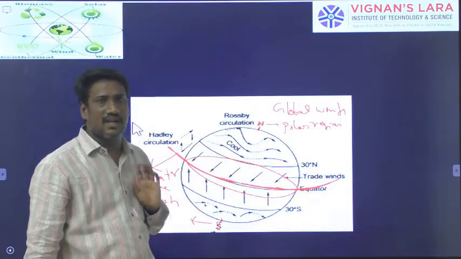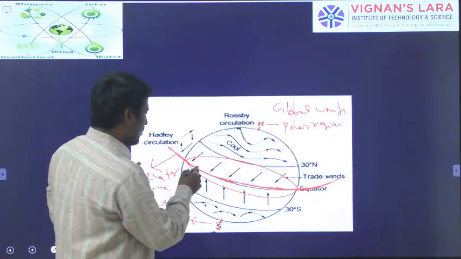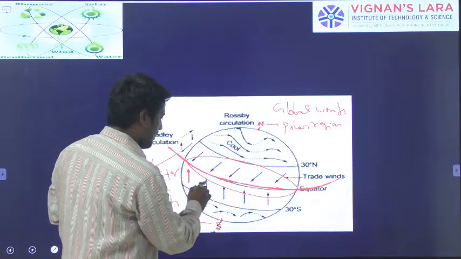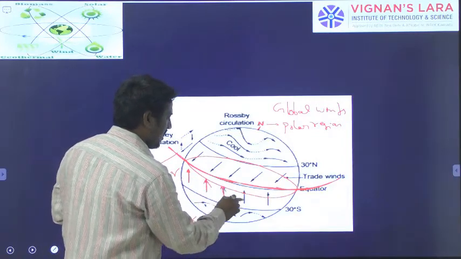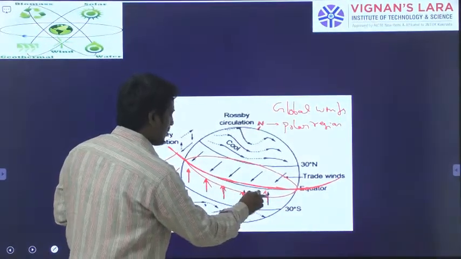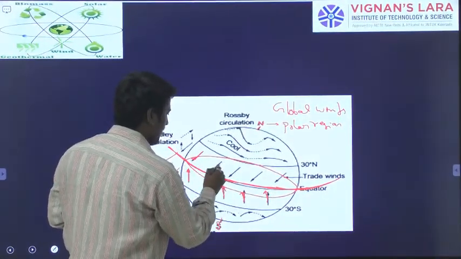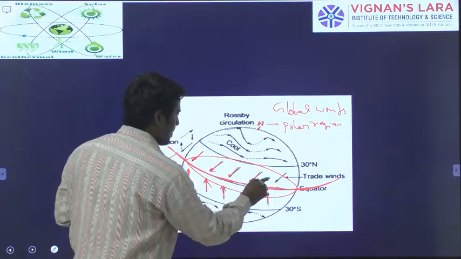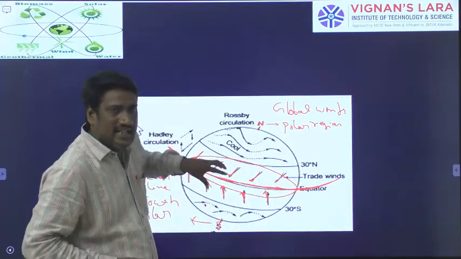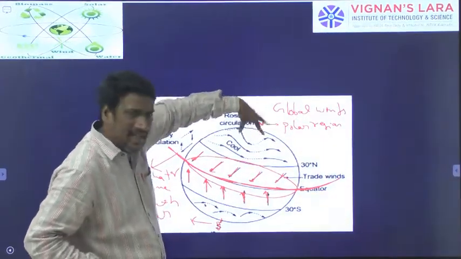But if you observe here, the direction of wind will be like this. It is not in a straight line. It is oriented somewhat towards the west side.